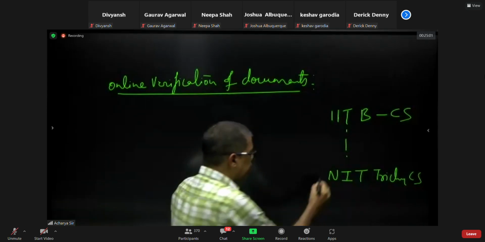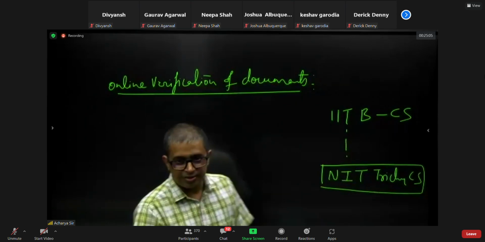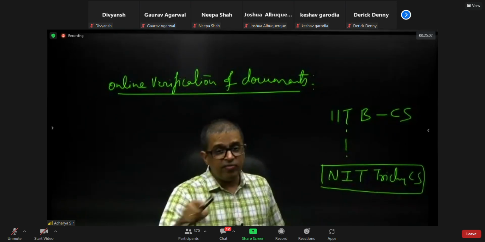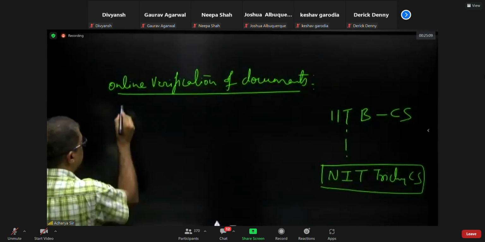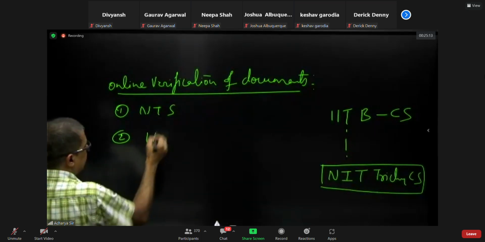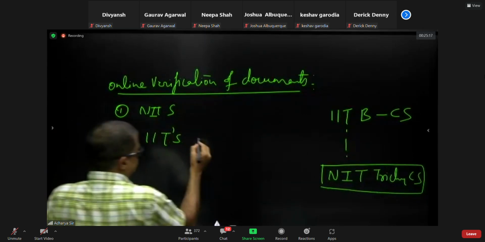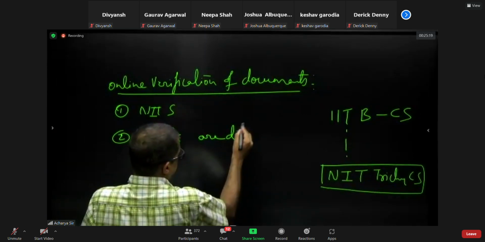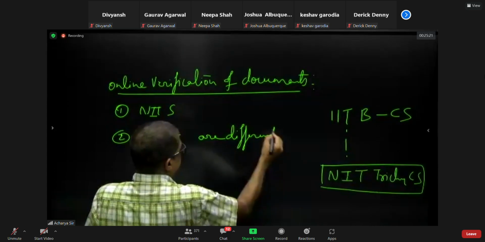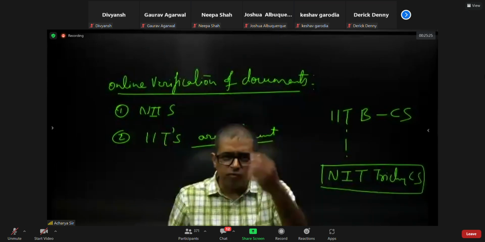First round, let me say, assume I am given this option. Online verification of documents by NITs and IITs are different. What do you mean by different? I already submitted my documents. They have verified.